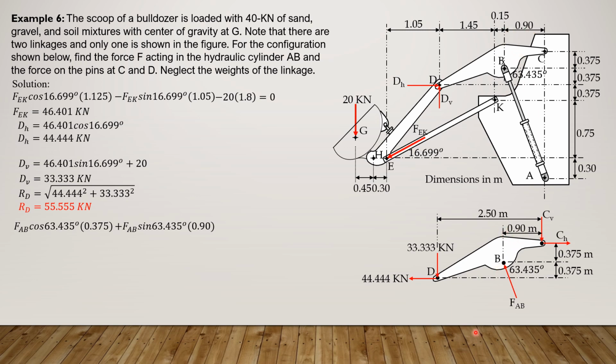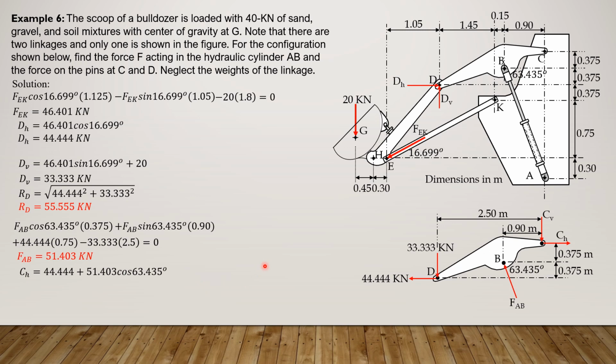Then 0.9 plus 0.15 is 1.05, plus 1.45 is 2.5. So that's why the distance is shown in the figure. So plus FAB sine of 63.45 times 0.9, then plus 44.444 times 0.75, then minus 33.333 times 2.5 equals 0. Solving for FAB, the only unknown in this equation, FAB is 51.403 kilonewtons.